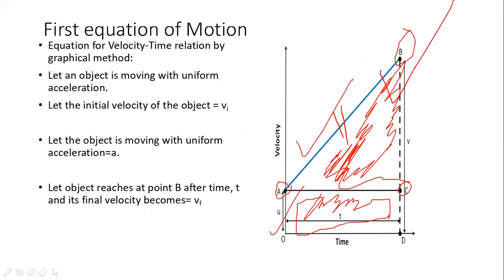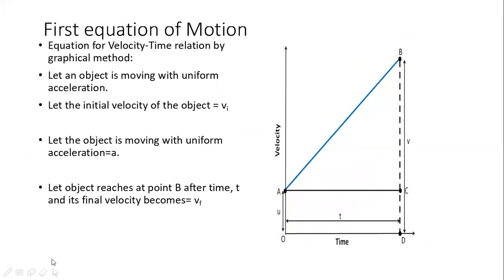I will erase it and explain again. This will give you acceleration, and it is the ratio of this side to this side. It will give you the first equation.